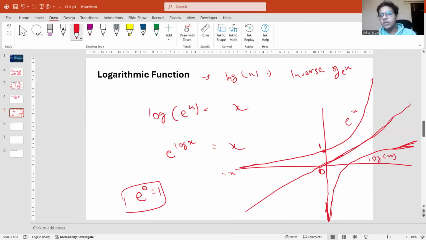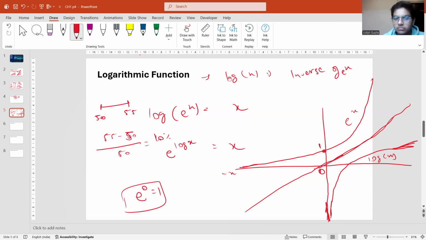When calculating continuous returns, you will be using log returns. Let's say the starting rate was 50, and then it rose to 55. What's the return here? Normally, the discrete return will be 55 minus 50 divided by 50, which gives you a 10% return. What will be the log return?